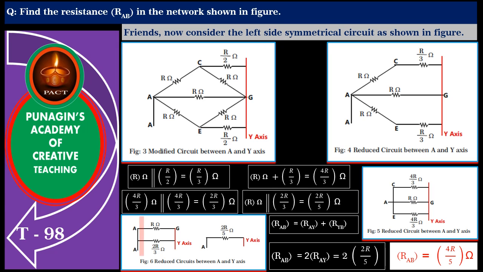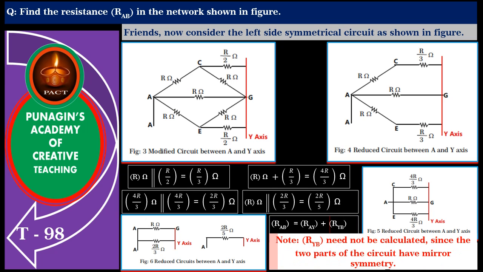Finally, across A and Y, the resistances of R ohm and 2R by 3 ohm are in parallel and their equivalent is 2R by 5 ohm. But we know RAB is equal to RAY plus RYB.